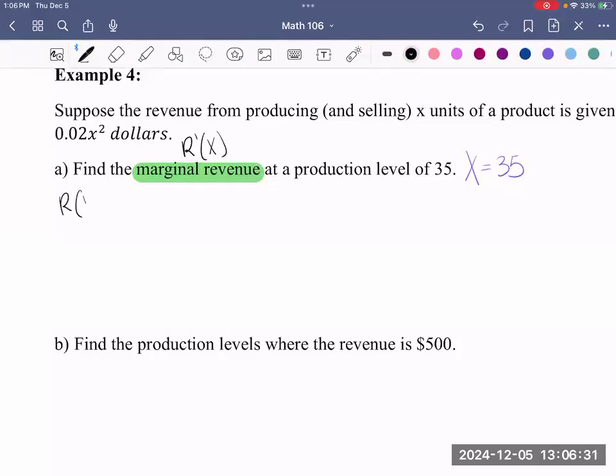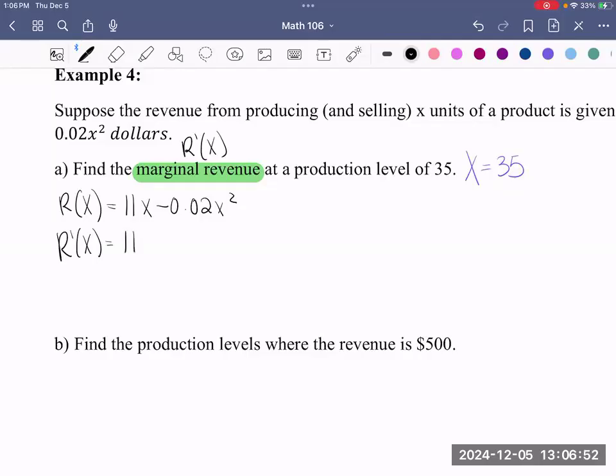So if we're given R of X equals 11X minus 0.02 X squared, to get the marginal revenue we can take the derivative. To go from one to another, we're just taking the derivative.